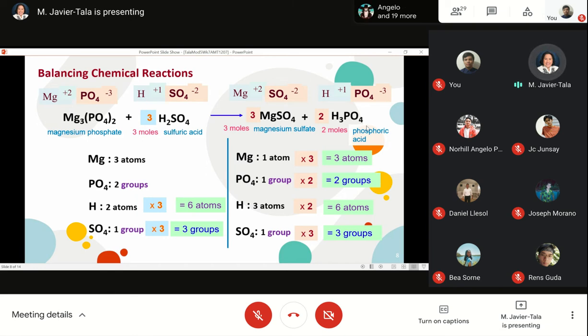As you recall a while ago, every time we multiply, we put those multipliers as coefficients in front of the compounds or elements where they belong. So your balanced chemical reaction will be read as 1 mole of magnesium phosphate and 3 moles of sulfuric acid yields 3 moles of magnesium sulfate and 2 moles of phosphoric acid.